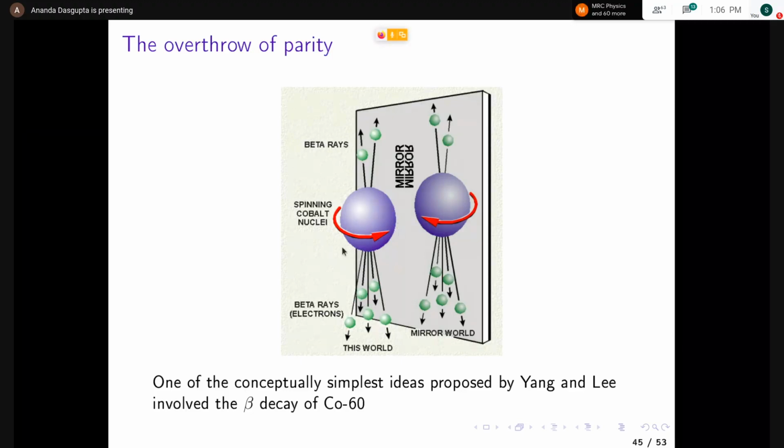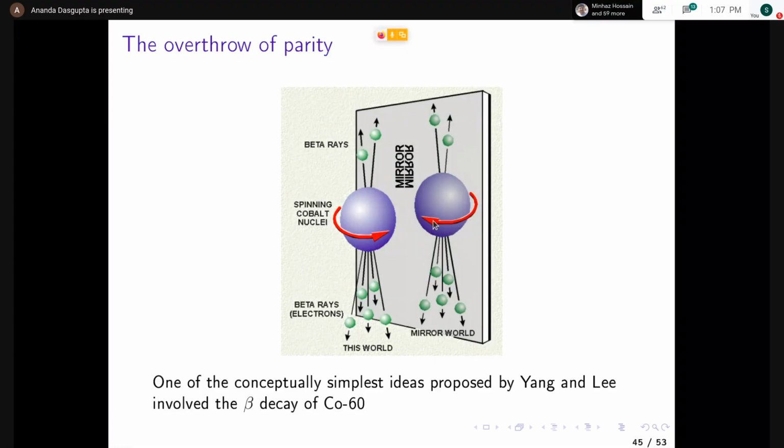I've just shown one of them in this picture. In our world, let's say you have more electrons going down than up. Then in the mirror reverse world, also you will have more particles going down than up. But notice that in the mirror reverse world, the spin of the cobalt nucleus has reversed.